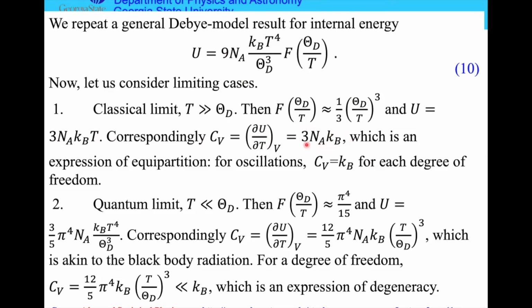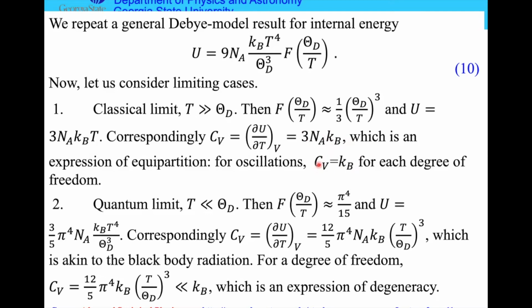And this is an expression of equipartition, because 3 N_a is the number of degrees of freedom. It means that Cv is equal to k_B for each degree of freedom, which we know for oscillations is the statement of the equipartition theorem. So this is the classical limit. In the classical limit the equipartition theorem is satisfied automatically.